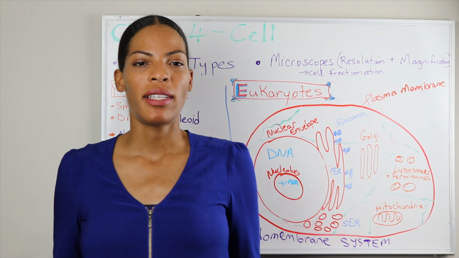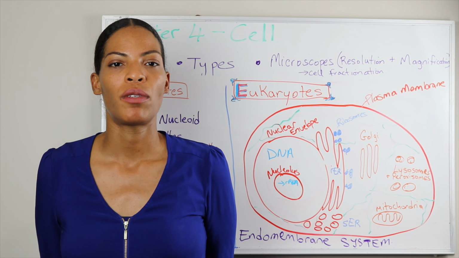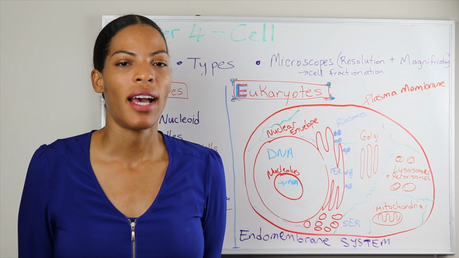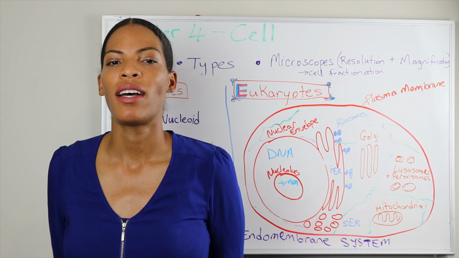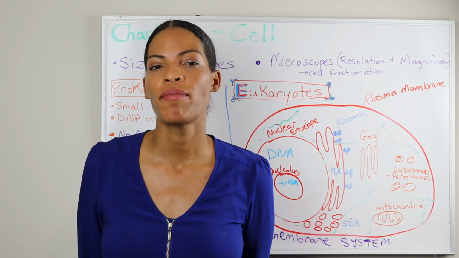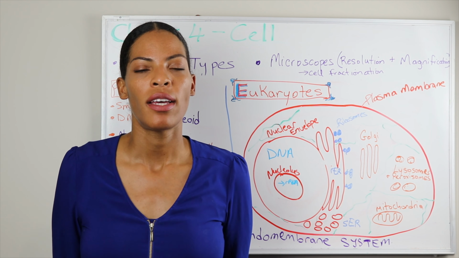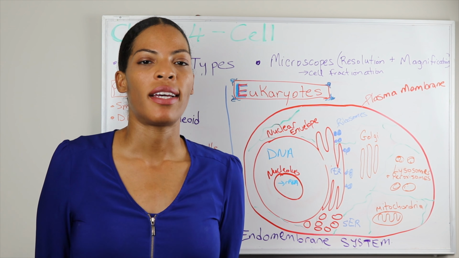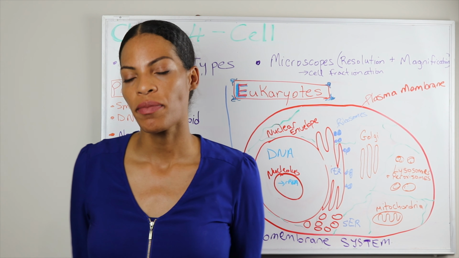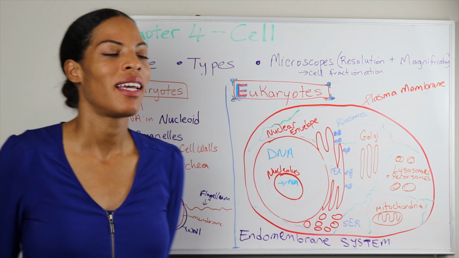The basic thing you need to understand is that images are created that are much clearer and more magnified than you would see with your naked eye, and the electron microscope can make images at a much higher resolution, so you're able to see small structures more clearly than with a light microscope. So those are some quick overviews of some of the microscopes.